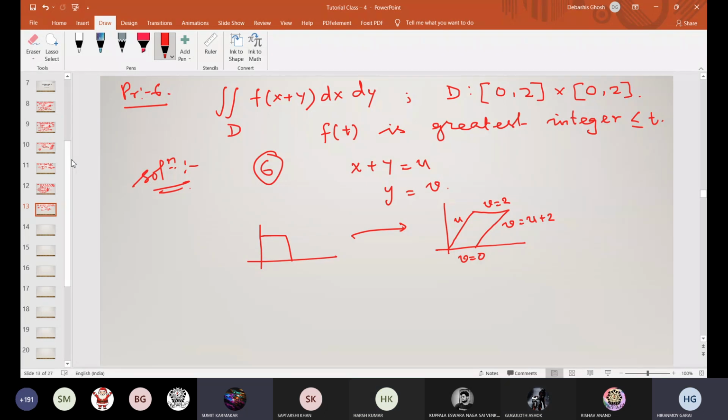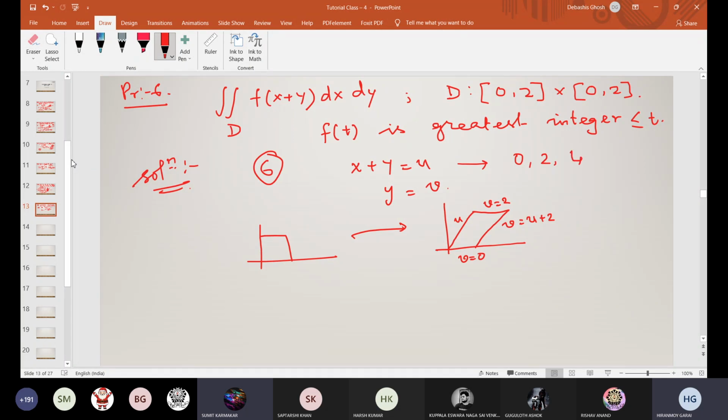If you put the different values, you get the different range for your u and v. What points do you get? If you put x equals 0 and y equals 0, then one value for u is 0. If you put x equals 0 and y equals 2, or x equals 2 and y equals 0, then u has another value, 2, and for x equals 2 and y equals 2, that comes to 4.